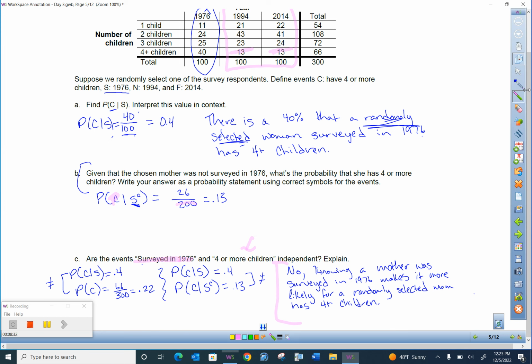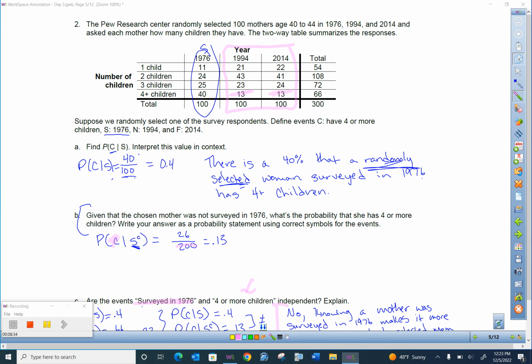But if we look at our table, if we know that the mother is surveyed in 1976, the probability of 4 or more children is 40 out of 100. If we compare that to 1994, it's 13 out of 100. If we compare that to 2014, it's 13 out of 100. Or if we compare it to the total, it's 66 out of 300.